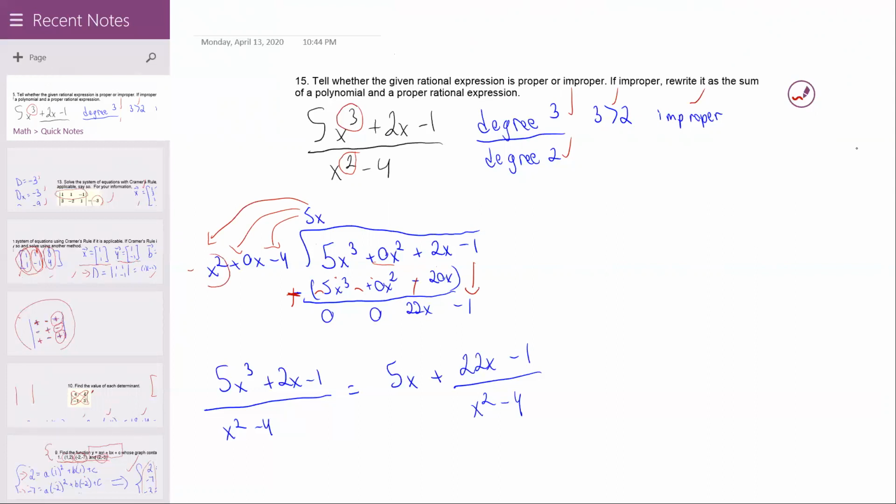Now you can't fit x squared into 22x, so that's part of the remainder.